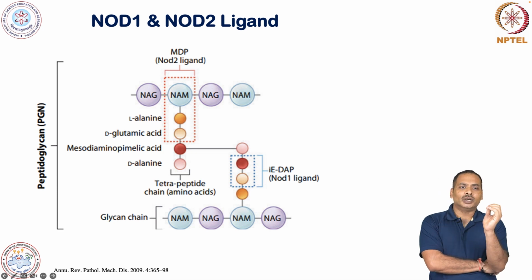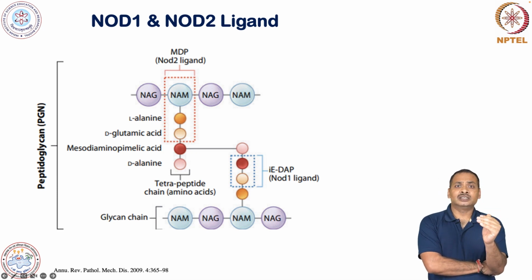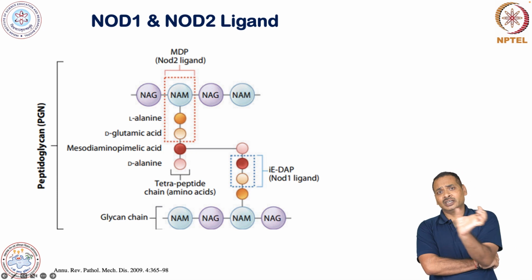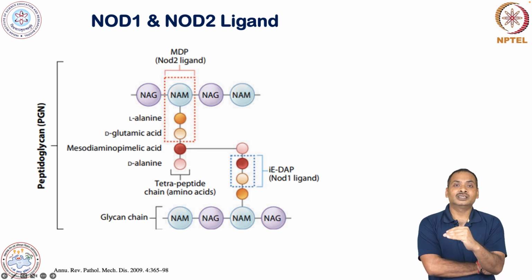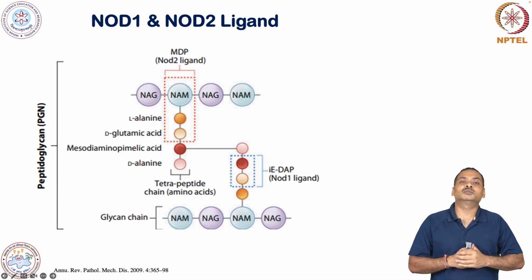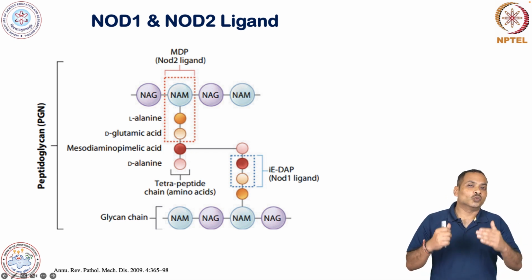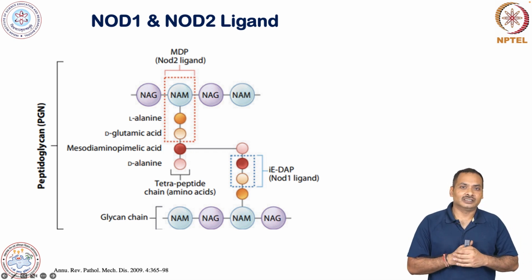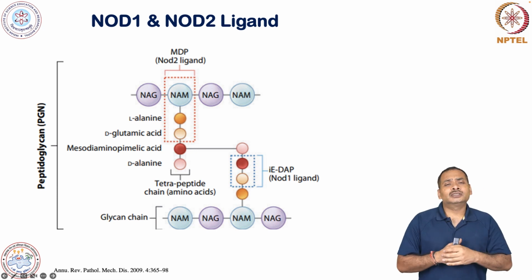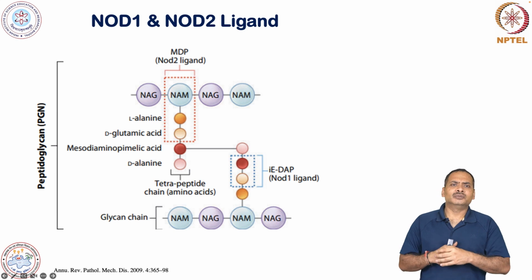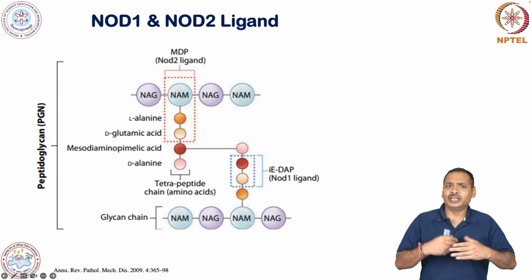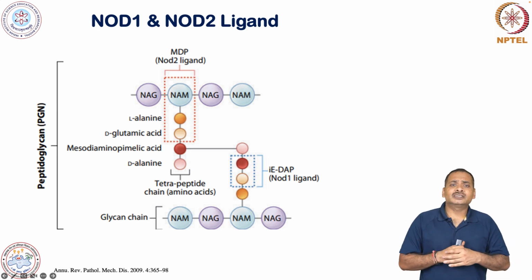NAG is N-acetyl glucosamine, and it is linked to N-acetyl muramic acid by a beta 1,4 glycosidic linkage.